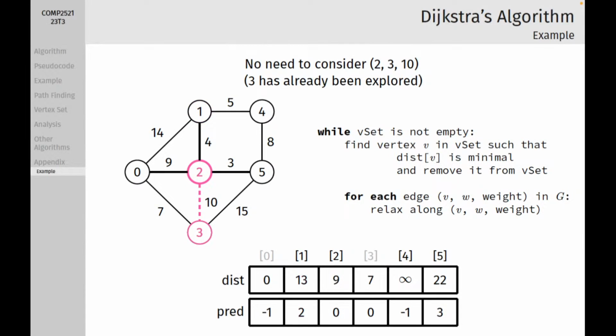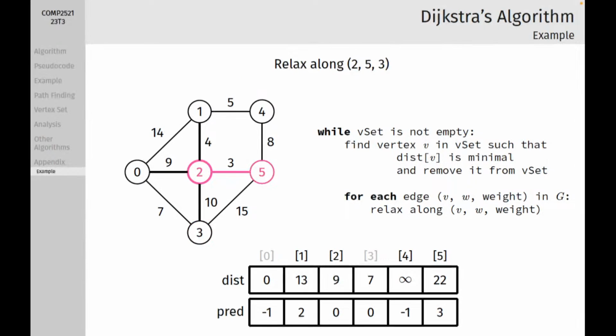The next neighbor is 3, but since we've already explored 3, we don't need to consider this edge. The next neighbor is 5, and we want to relax along this edge.